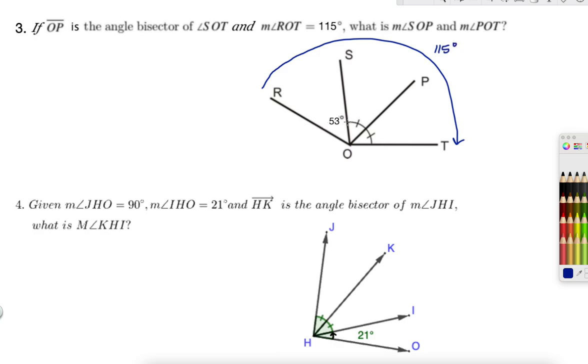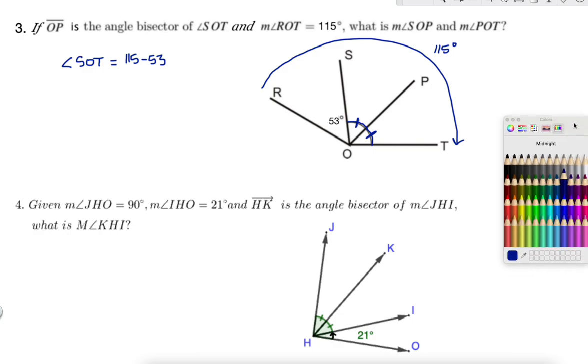We know that these two angles are congruent, because OP is a bisector. And so we can find angle SOT right here by taking 115 and subtracting 53. That would be the angle of SOT.